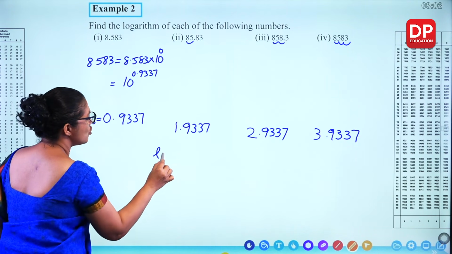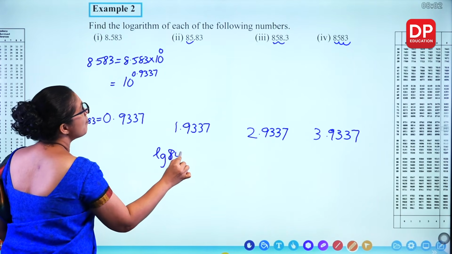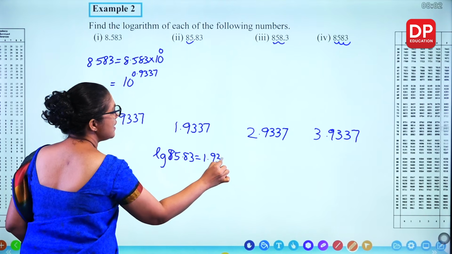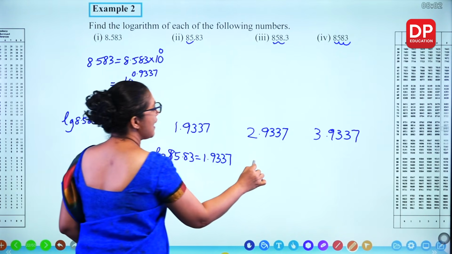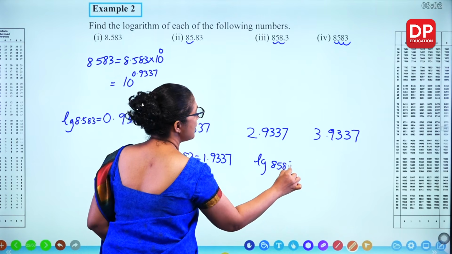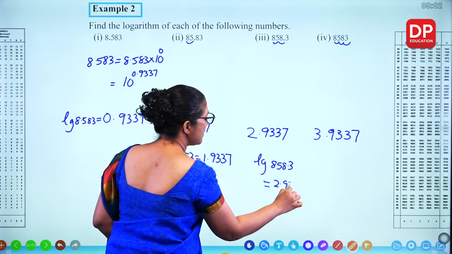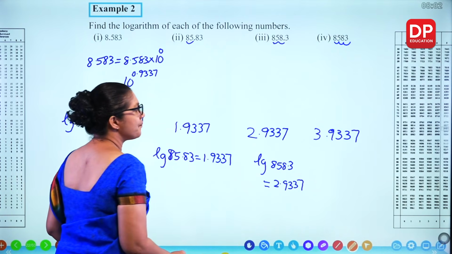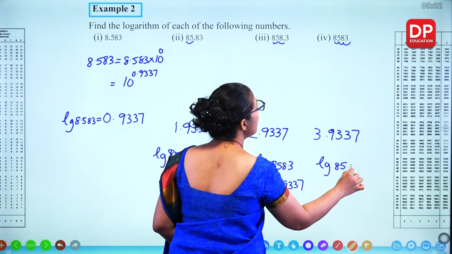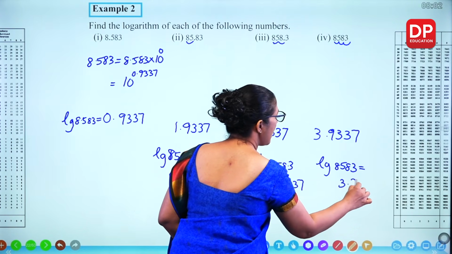LG of 85.83 is equal to 1.9337. LG of 858.3 is equal to 2.9337. LG of 8583 is equal to 3.9337.